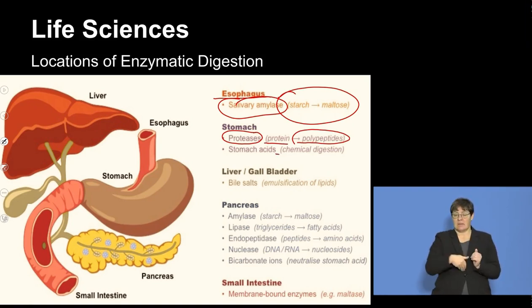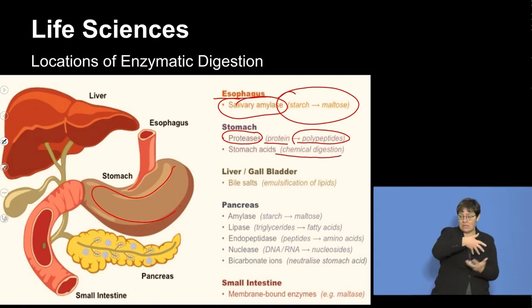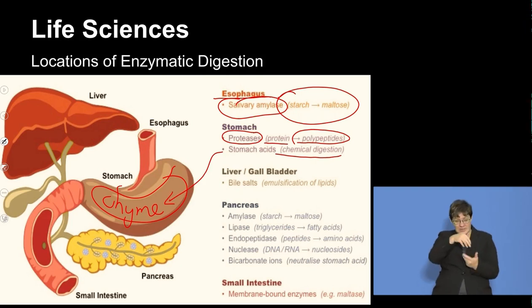We know that in the stomach, chemical digestion takes place, and this mixture of food along with the digestive juices from the stomach is called chyme. The chyme then moves into the small intestine, which is the duodenum, along with enzymes produced by the pancreatic duct, which mix with the chyme to neutralize the pH.